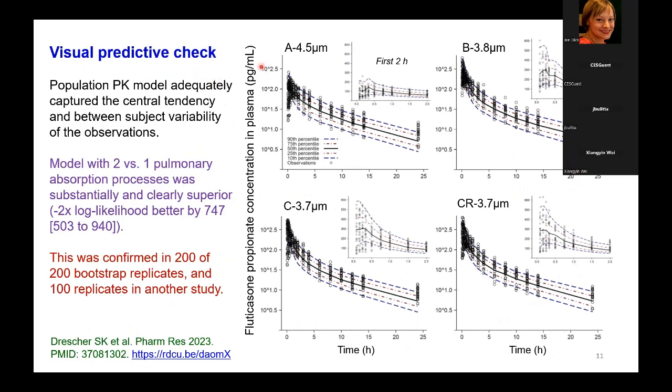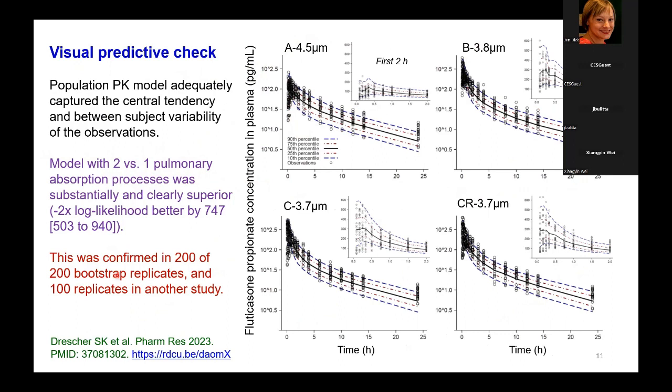The visual predictive checks here for formulations A, B, C, and CR showed very nicely that the central tendency and also the between subject variability of the observations for each of the formulations were adequately captured by the population PK model. Now, we also tried, both with the original data set and in a simulation estimation study, to compare a model with 2 versus 1 pulmonary absorption process.